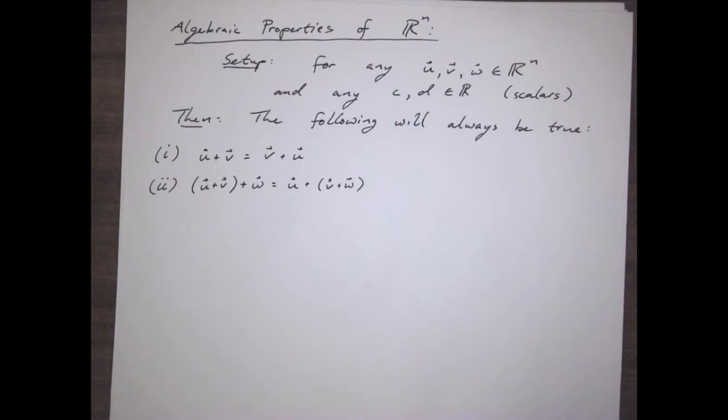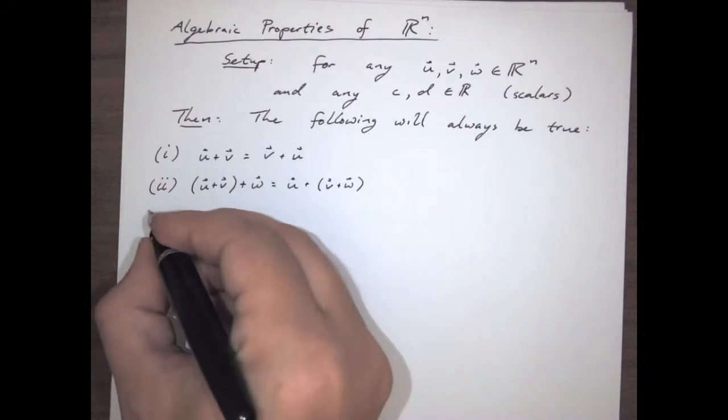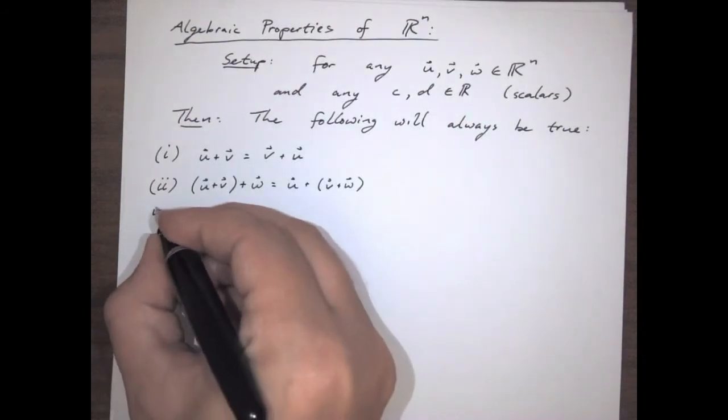So those are the same thing, and they're the same in real number addition, and they're the same in vector addition. Now, neither of these two properties is true about, say, subtraction, but they are true about addition, and that's a fact for real numbers, and it's a fact for vectors.